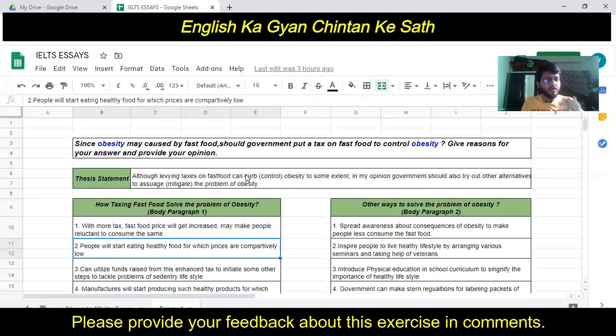Now, let's try to understand the second point that I have created for this particular thing: people will start eating healthy food options for which the prices are comparatively low. If the government is going to apply taxes on fast food, it means their prices will go high. And if you talk about the comparative prices, then the prices of other food options will become lower.